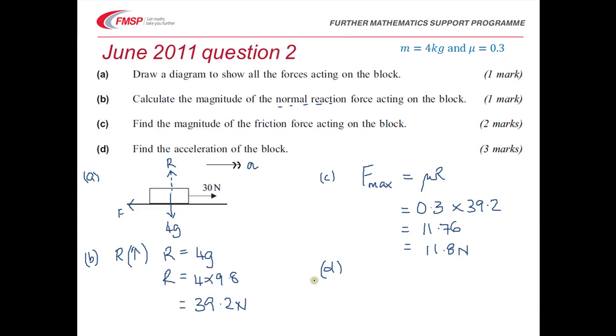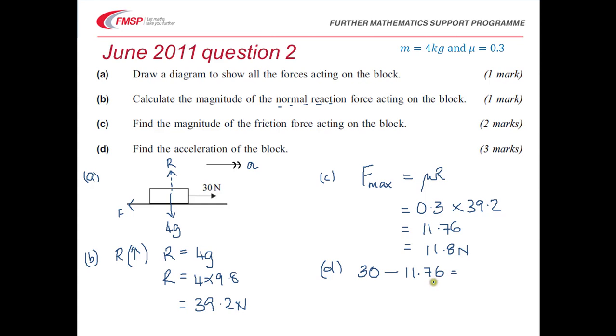So part D then, we're asked to find the acceleration of the block. Now if the block is accelerating, then that means there must be a resultant force in the direction of the acceleration, and that resultant force will be the 30 newton force which is pulling it along, minus this friction force which we've just worked out. Again, we should take the value to be 11.76. We don't want to use the rounded value in this.